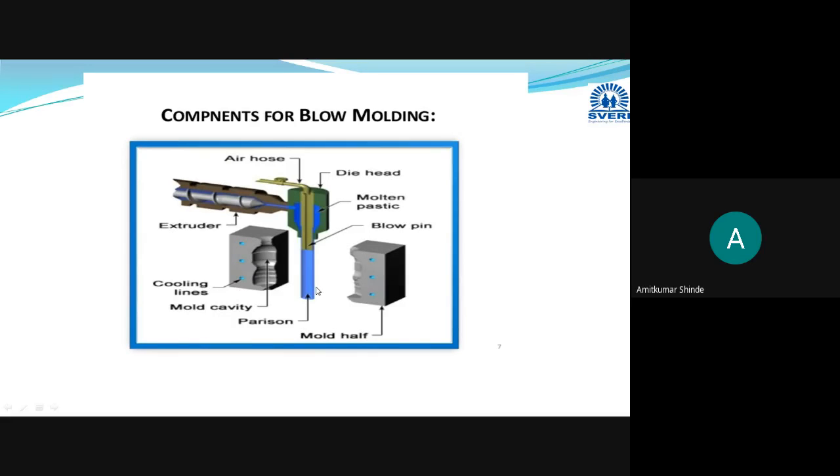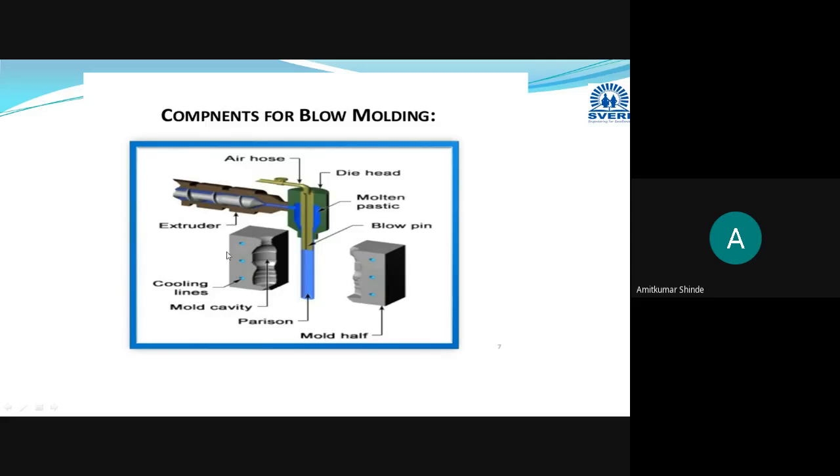This small tube is prepared with one extrusion operation using a die. Here we provide molten plastic, and by extrusion we get the parison. In the blow molding process, the first step is making this parison or preform. That is your first stage and first component.